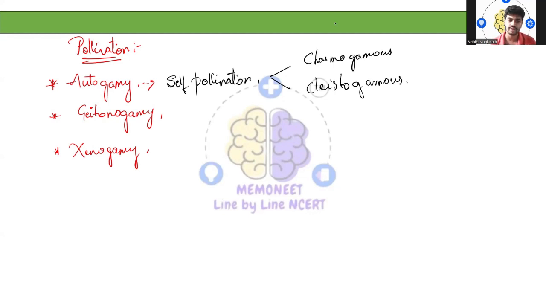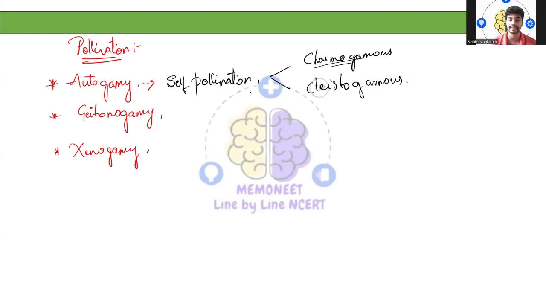Clear? So what is a chasmogamous flower? These are flowers similar to the flowers of other species; they expose anther and stigma. And when coming to the cleistogamous flower, the flowers do not open, so pollination happens within the flower.